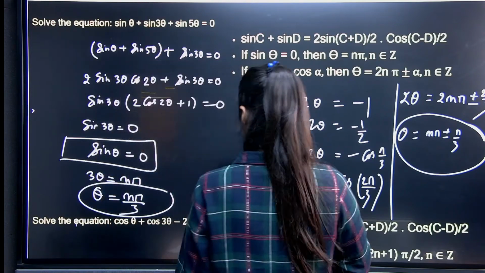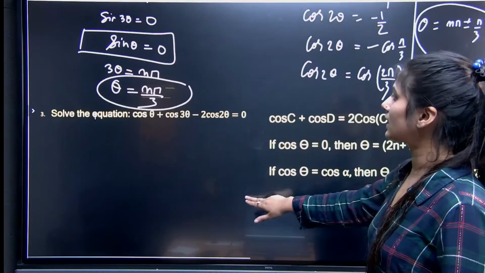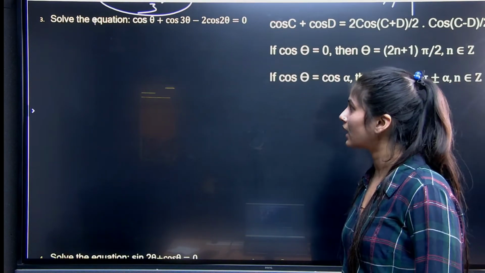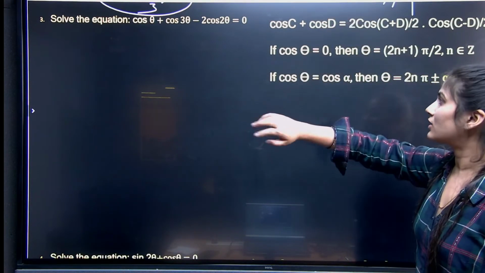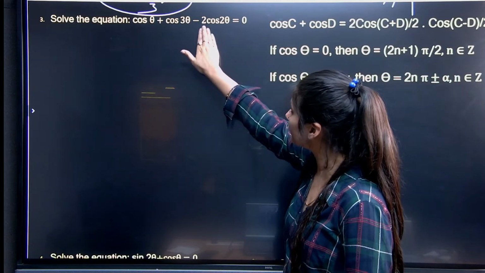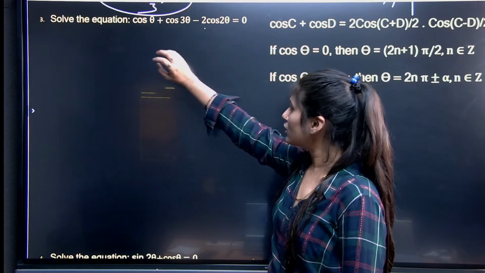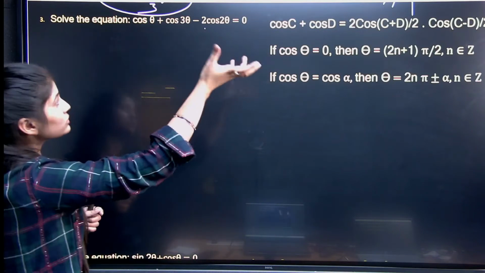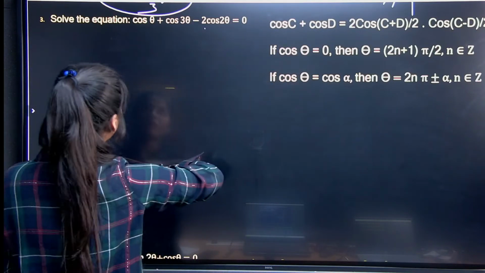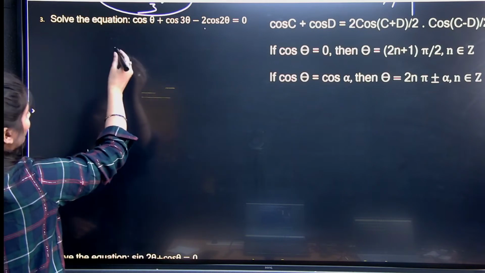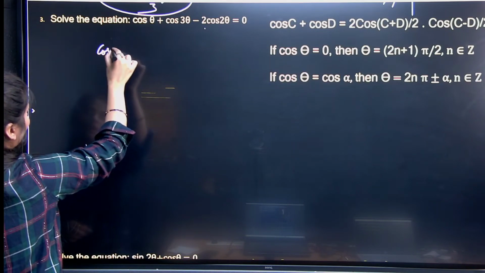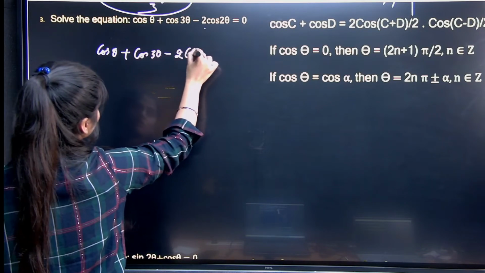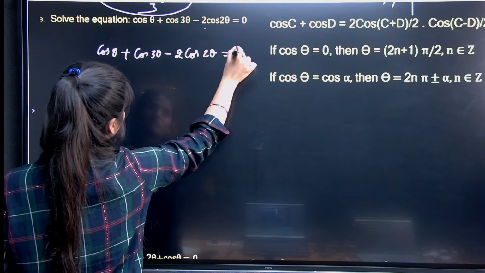Next question is solve the equation cos theta plus cos 3 theta minus 2 cos 2 theta. Again, in this question, we can see that this term is different, it is multiplied by 2. So we can apply the formula for these two terms, cos C plus cos D. Cos theta plus cos 3 theta minus 2 cos 2 theta is equal to 0.